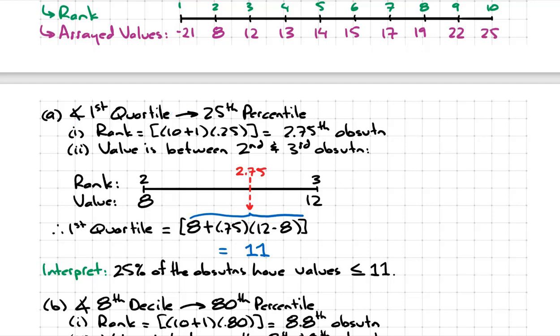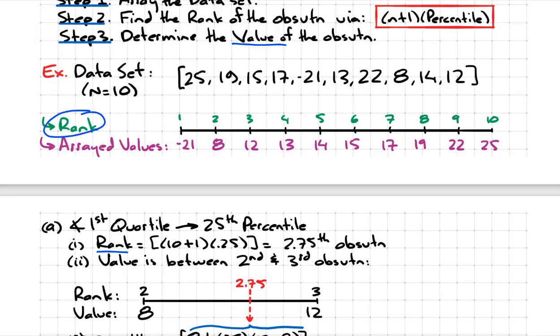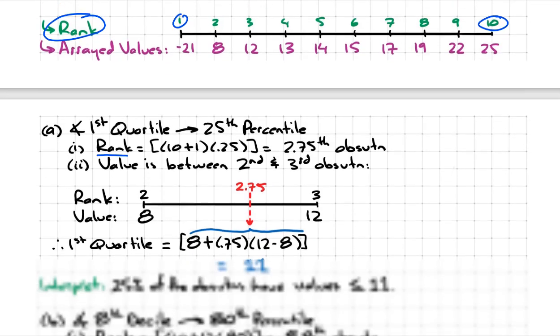Then we need to find the rank of that 25th percentile observation. In other words, here are the ranks from 1 to 10. The question is, where does the 25th percentile lie in terms of these rankings? That's the first thing we have to establish.